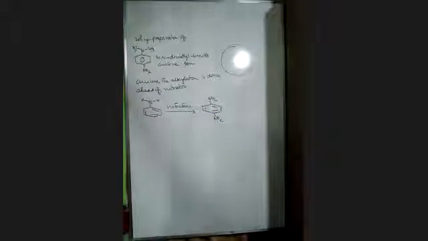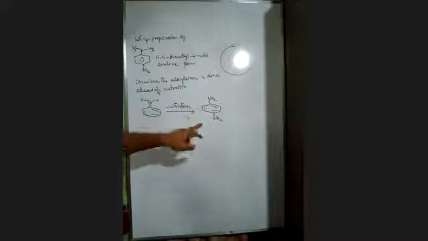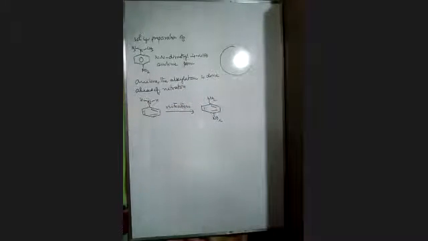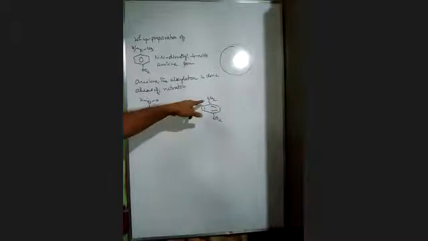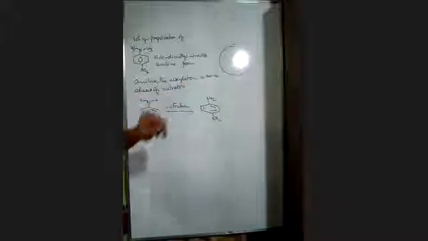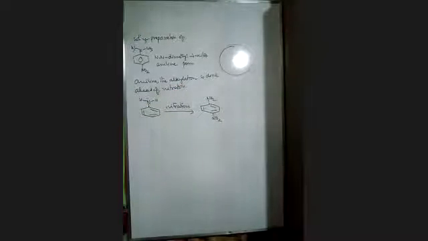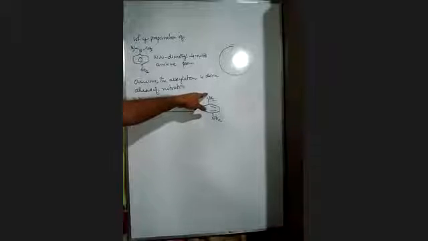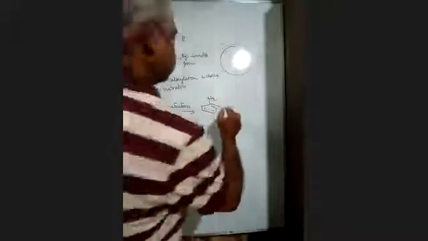If I do nitration, then if I do this methylation, the methylation will not occur. Methylation of nitrogen cannot be done. Why? Because the nitro group is a strong electron withdrawing group. It will reduce the nucleophilic character of nitrogen because the lone pair of the nitrogen will be drawn inside. So what we do? First we do the methylation, then we follow nitration.